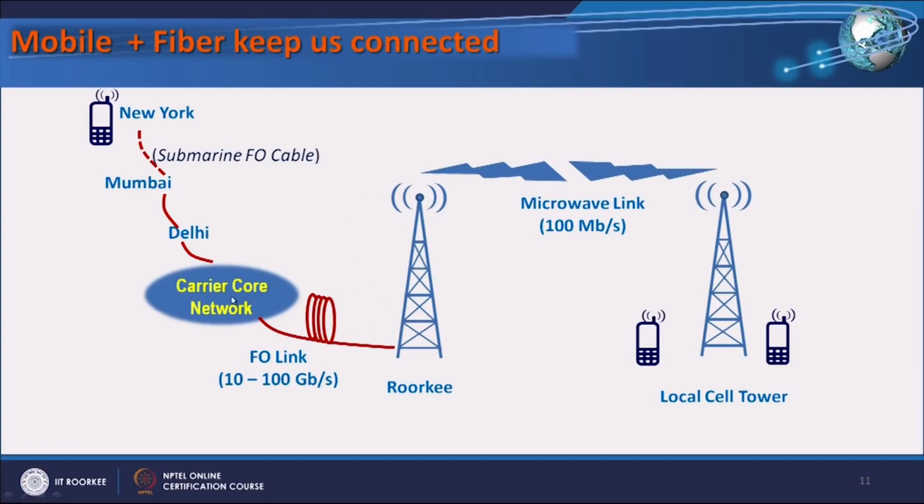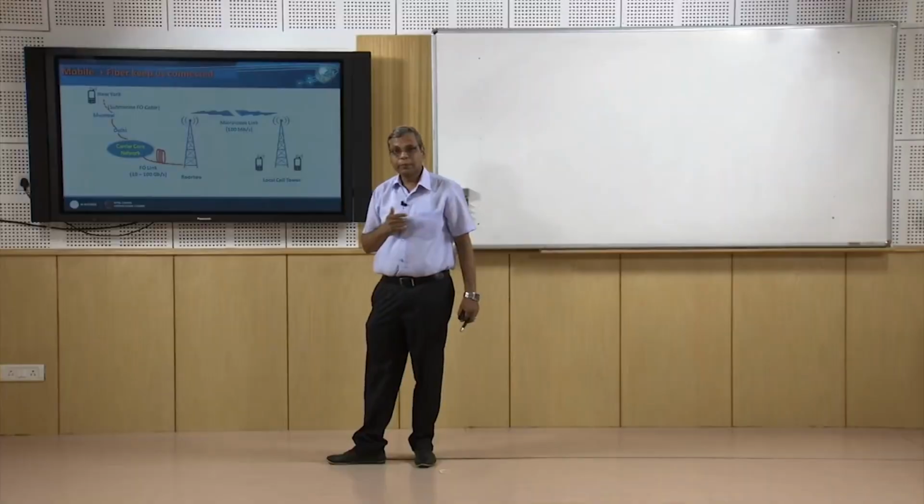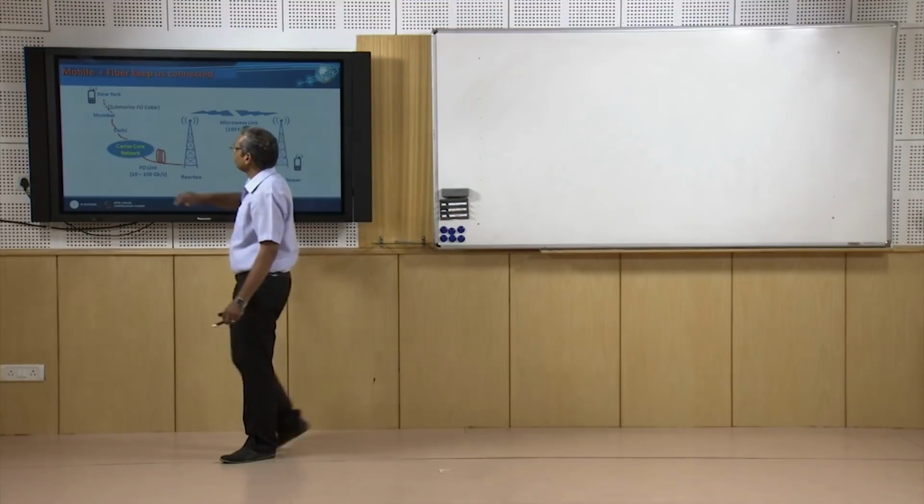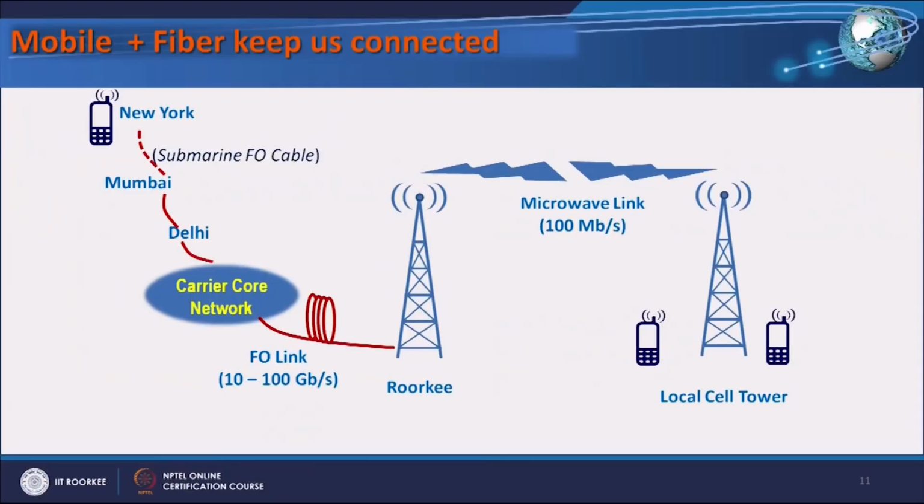This data goes into optical fiber to, for example, Delhi. This fiber is buried under the ground, and then from Delhi to Mumbai, and then from Mumbai to New York using optical fiber. You will say, how from Mumbai to New York using optical fiber? Well, there are submarine fiber optic cables. Cables are buried on the seabed, something like this.